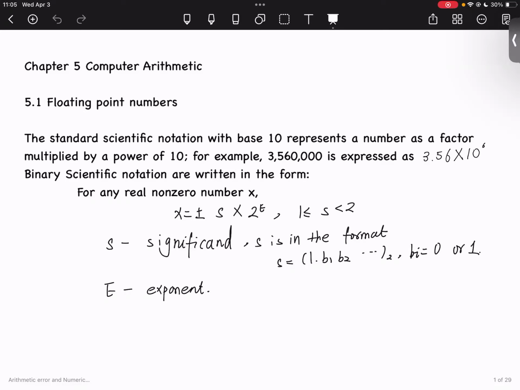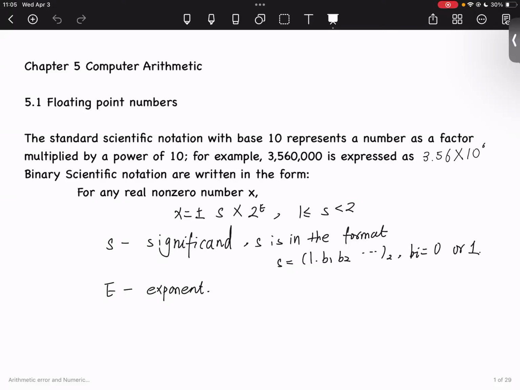In the base 10 representation, we usually require that this number is smaller than 10. Here we require that the significand is smaller than 2 but bigger than or equal to 1. This number S should be represented in binary format.